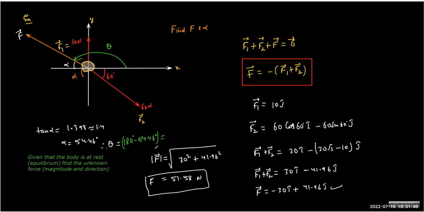So this is coming 125.54. So this is the angle made by the third vector, and the magnitude turns out to be 51.58 roughly.